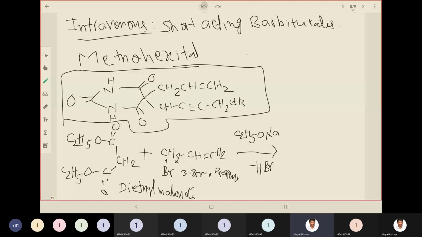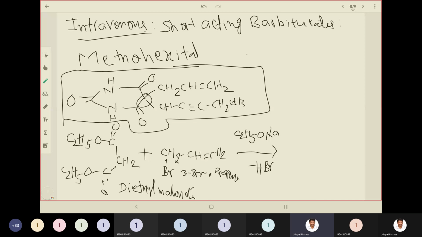To the malonic ester, in the first step, we have added the propene group through bromopropene. And next, to the next intermediate, we have added this side chain, that is bromohexyne. Bromine being a leaving group will attach both side chains at this position.